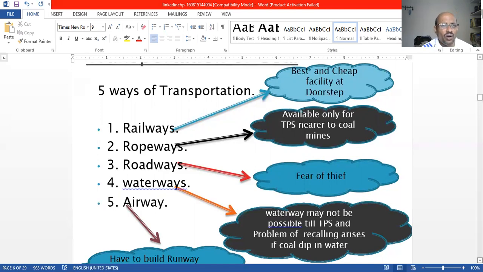So roadways has the fear of thieves. Even in railway wagons, particularly, so many people are threatening. If that coal train is stopped, everybody will go and remove that coal and keep it in their box and utilize it in their small boilers at home.